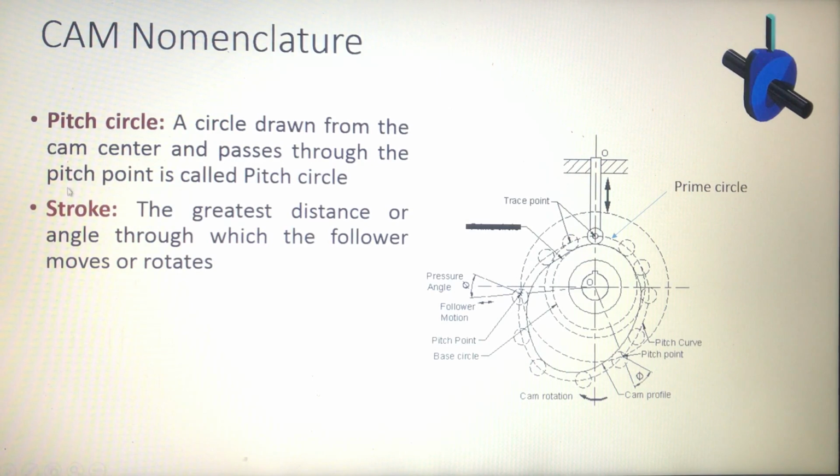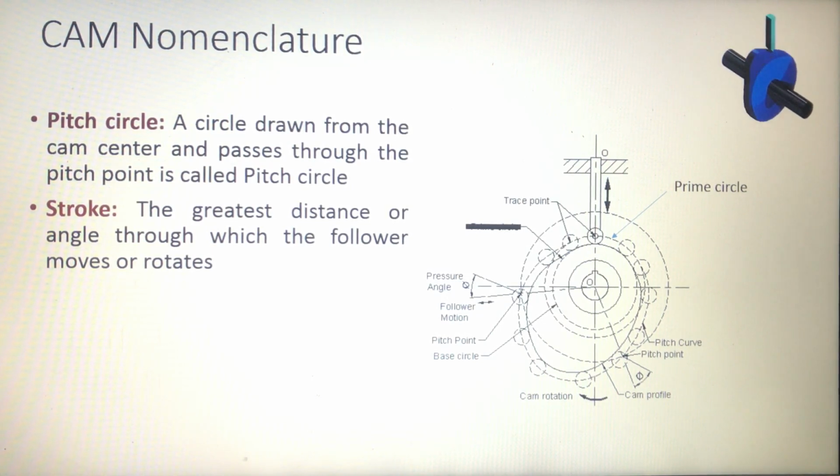And the last one is stroke. Stroke means the greatest distance or angle through which the follower moves or rotates. The greatest distance from down to up, since this has reciprocating motion, if you measure that distance, is called the stroke length.